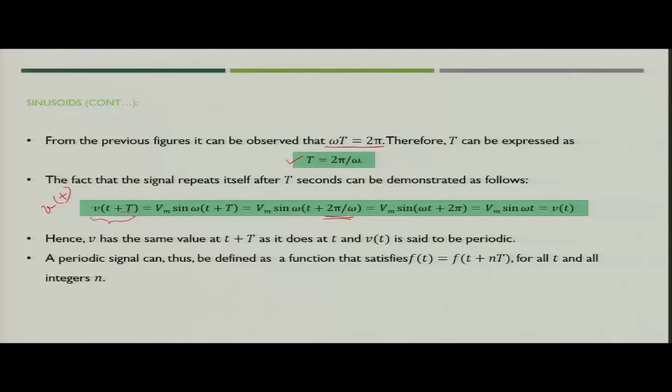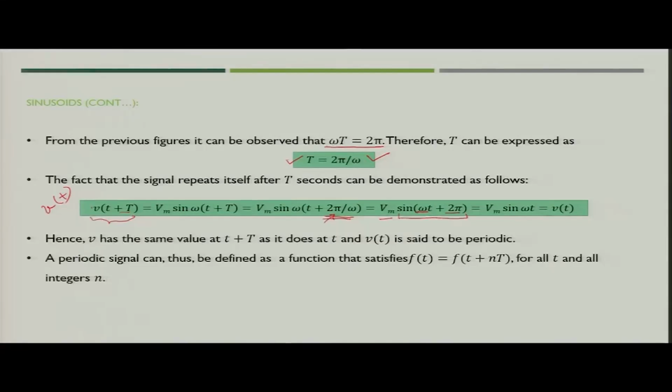We saw previously that capital T is equal to 2 pi by omega. So, if you put the value of capital T in this function, you will get the output as Vm sin omega t plus 2 pi, because if you take omega inside, the first term will become omega t and the second term will become 2 pi.